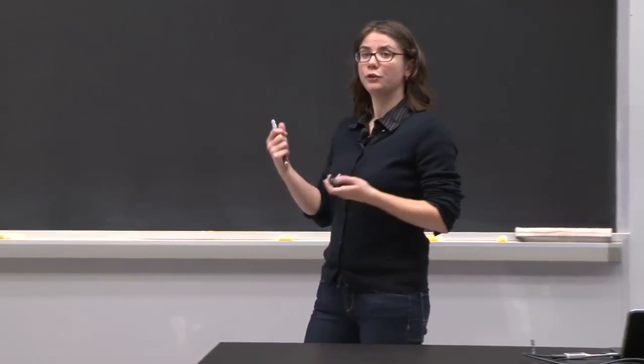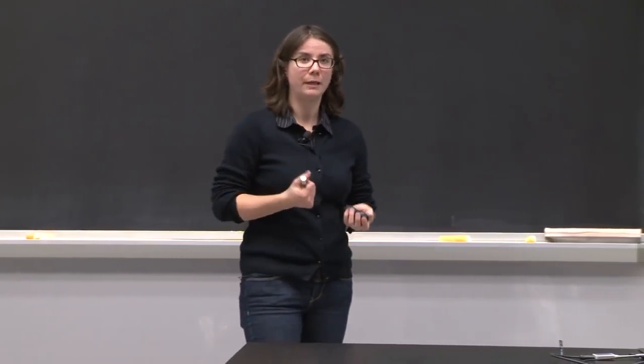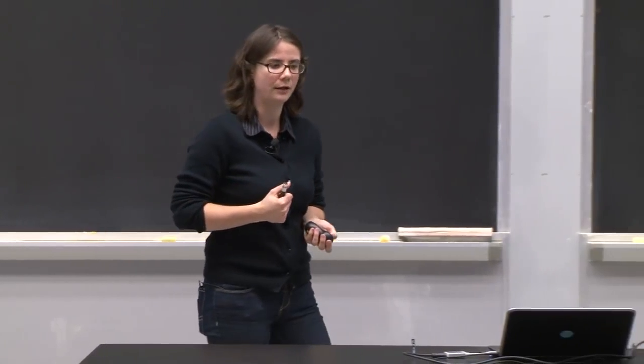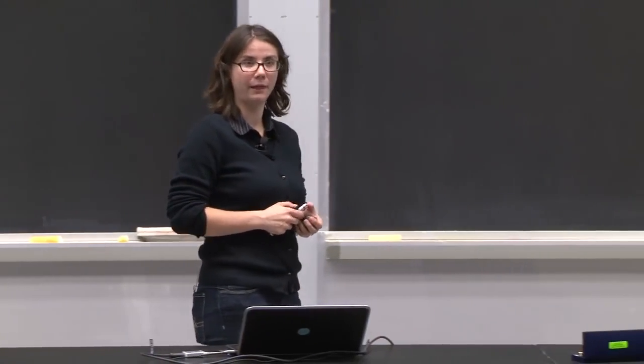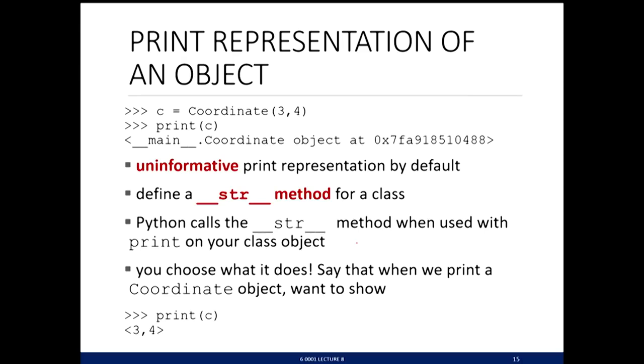And you can choose to make it do whatever you want inside your definition of __str__. In this case, let's say when we print a coordinate object, we're going to print its x and y values surrounded by angle brackets. That seems reasonable. So from now on, when you print coordinate objects, you're going to see things like this, which is a lot more informative.